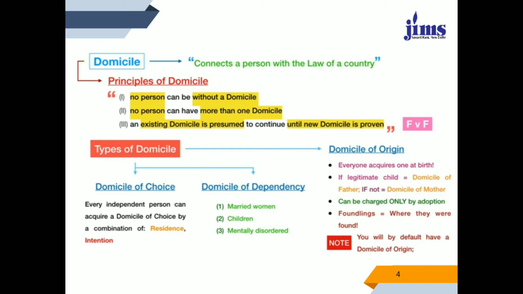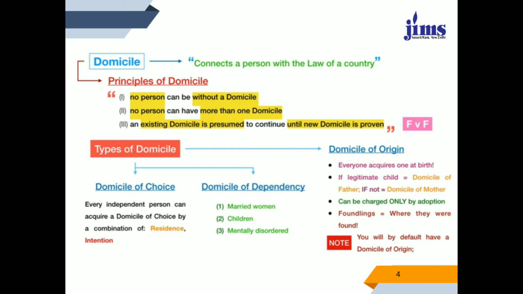One of the types of domicile which all of us are entitled to is known as the domicile of origin. Here we have the principles of domicile. What do the principles say? Number one, no person can be without a domicile. There is no person in this world without a domicile.